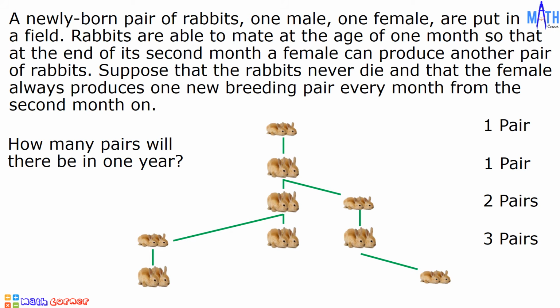And the original pair produces another pair of rabbits. And now we have a total of 5 pairs. And the pattern continues. The number of pairs, 1, 1, 2, 3, 5, are the first terms of Fibonacci sequence.